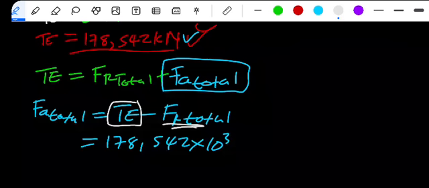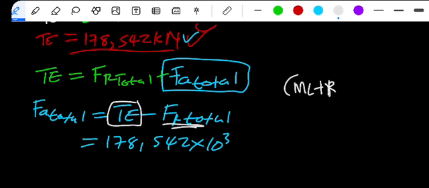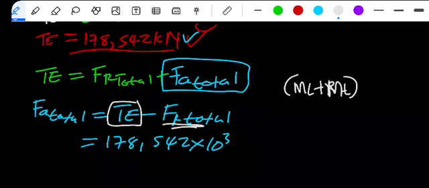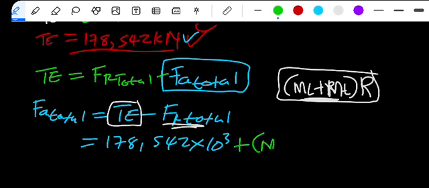We have two masses: the mass of the locomotive plus the mass of the tracks.